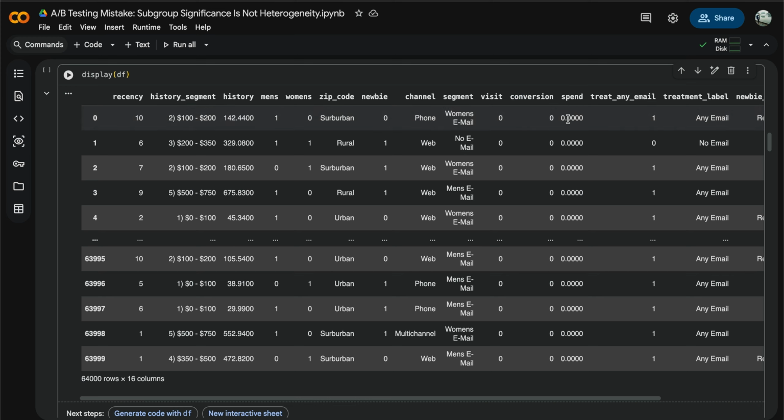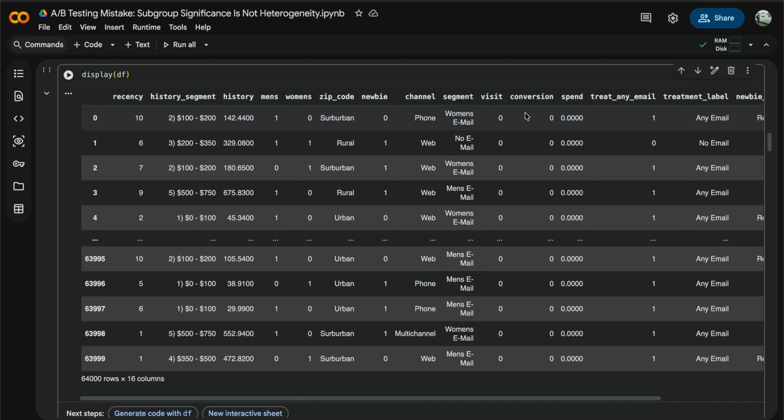This setup is very important. The customer history variables are all pre-treatment features. The email assignment is the treatment, and the spend, visit, and conversion are all post-treatment outcomes, which we typically call the metrics.